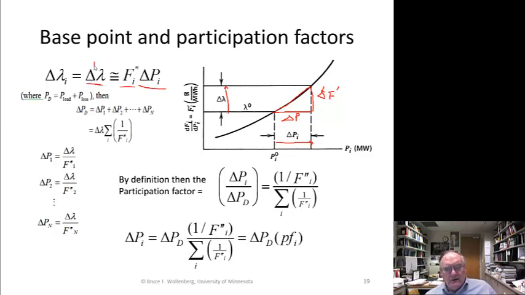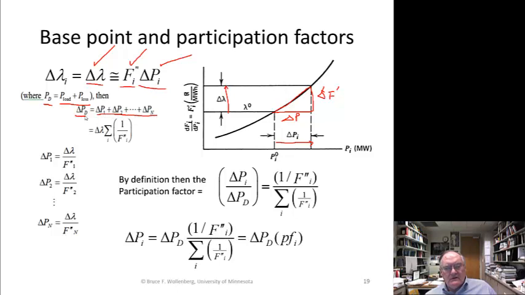That's the way we're going to go about it. If I take a change in lambda and I know the second derivative for this function, then I can calculate the delta p. And what we want is the PD, or the delivered power, which is load plus losses. We want that to equal the change, or the delta P, on all the generators. That's all it says.